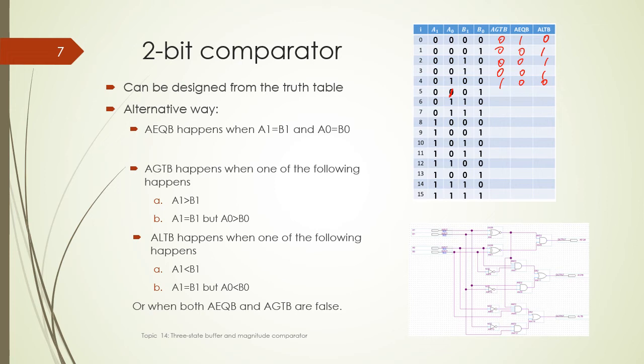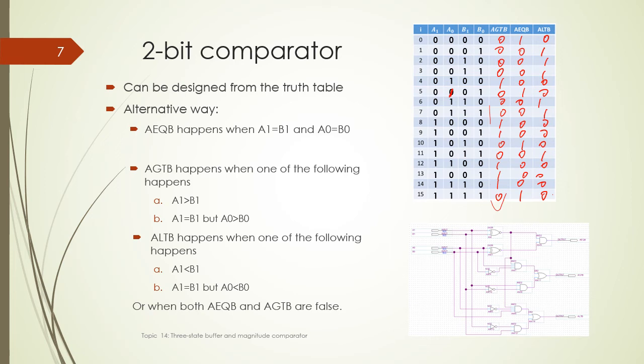So 0, 1, 0, 1, that's A equal to B. 1, 1, 0, A less than B. 0, 1, 1, 1, A less than B. 1, 0, 0, A greater than B. 1, 0, 0, 1, greater than B. Now equal, less than, greater, greater, greater, equal.